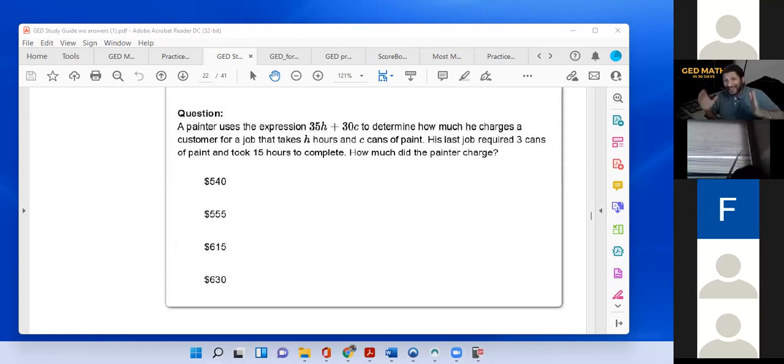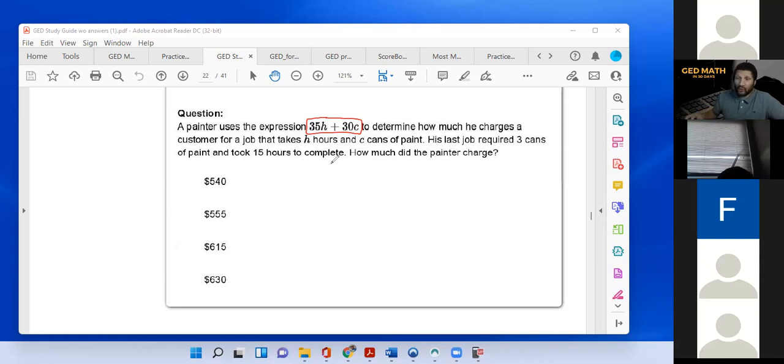Again, identify what you know. What do we know from this problem? The expression 35H plus 30 cans. Right. So first of all, we know the expression 35H plus 30C.